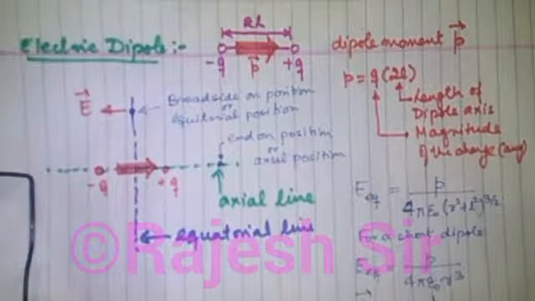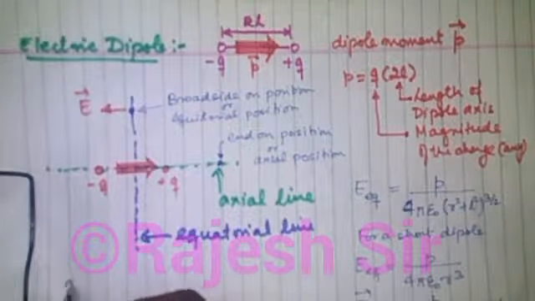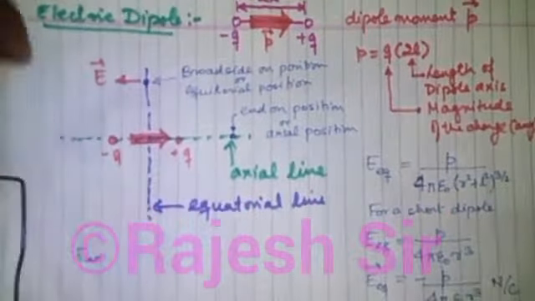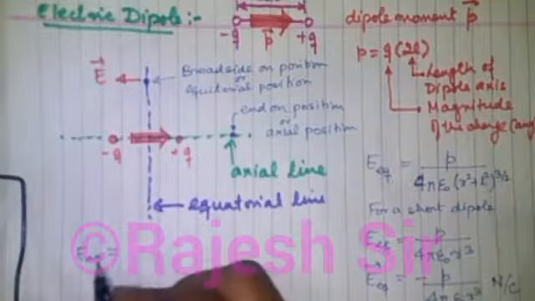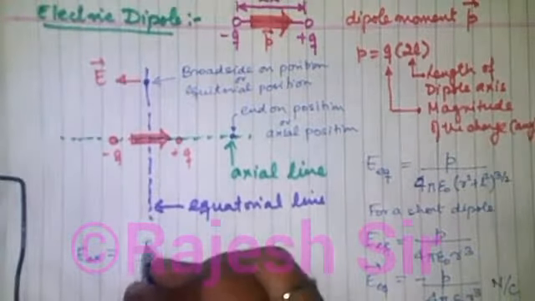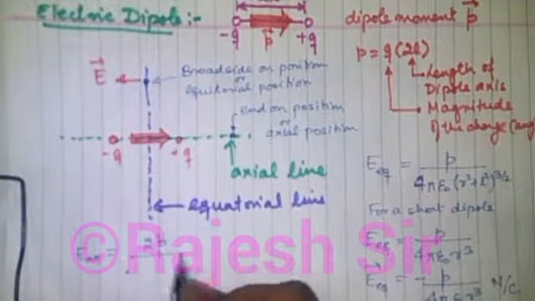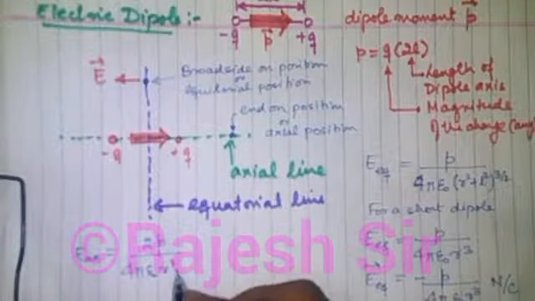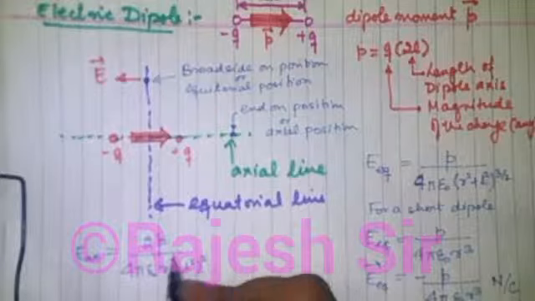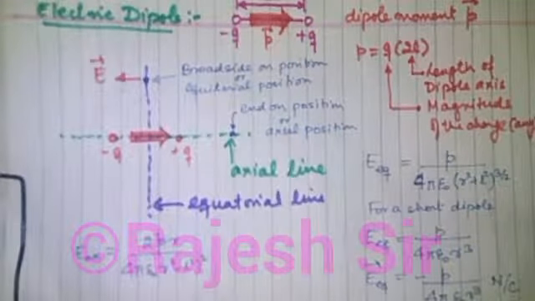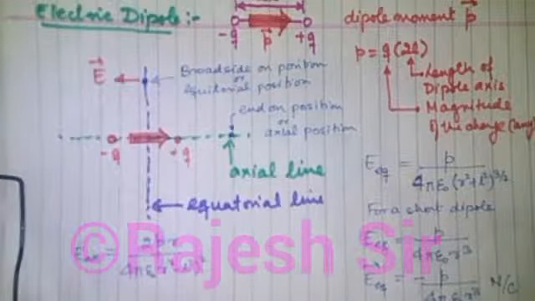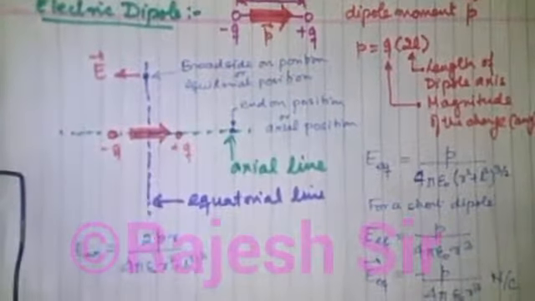Now for the electric field at any point on the axis of a dipole, E axial will be equal to 2Pr upon 4 pi epsilon naught, times (r square minus L square) whole square. Take care about this.